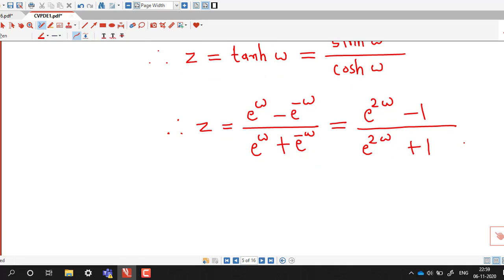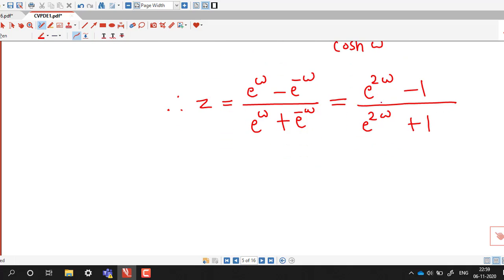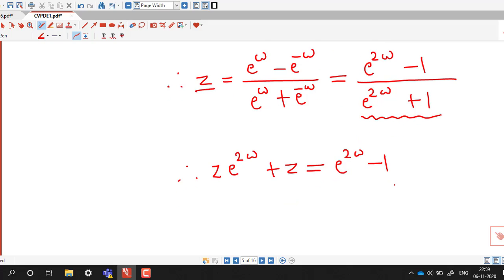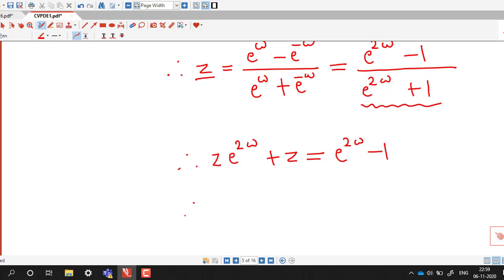Now we are interested in the value of w, so we consider this denominator with multiplication on the left hand side. So we have z into e raised to 2w plus z equal to e raised to 2w minus 1. We are interested in e raised to 2w, so we take this term on the left hand side.